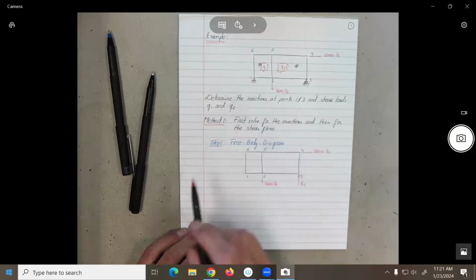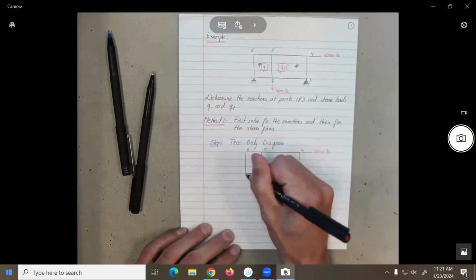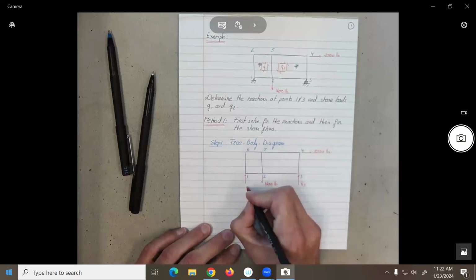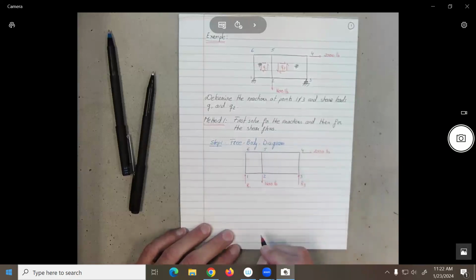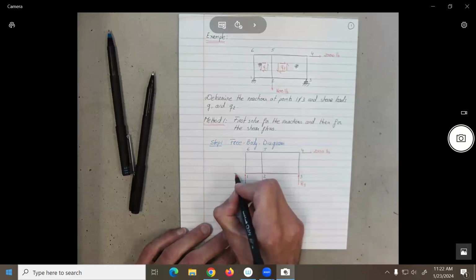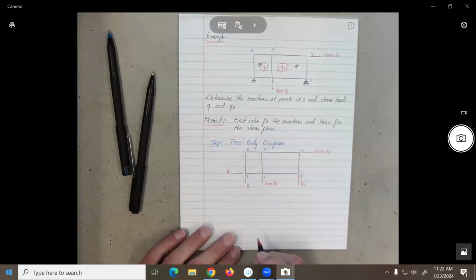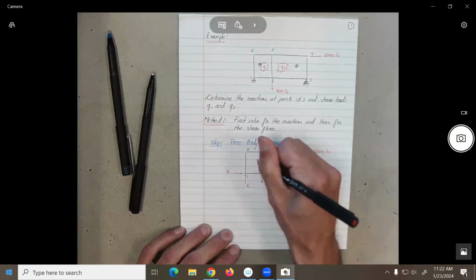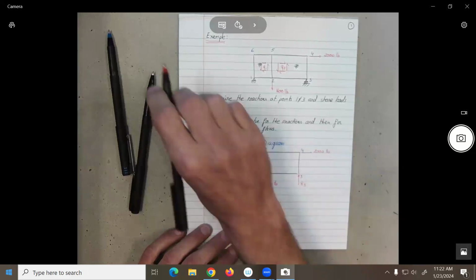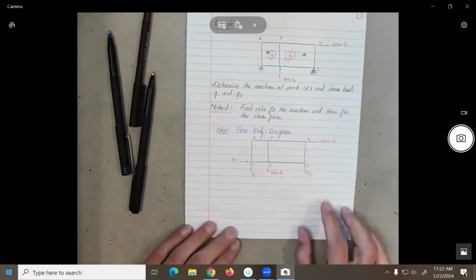Here is a pin, so what does that mean? We're going to have one in the vertical direction, R1, but we're also going to have another reaction in the horizontal direction, let's say H1.